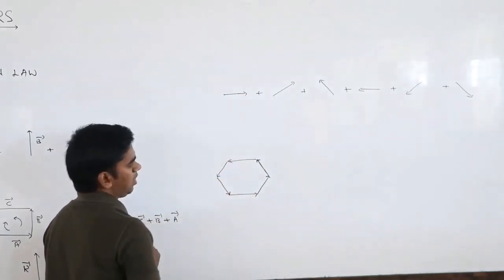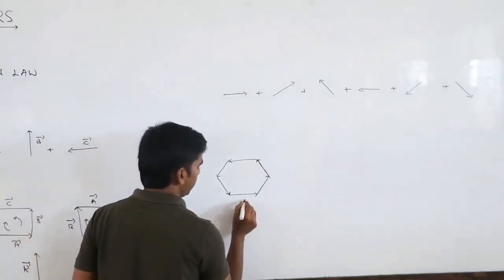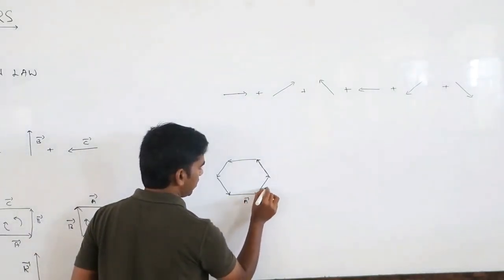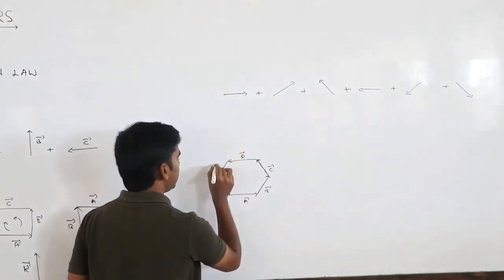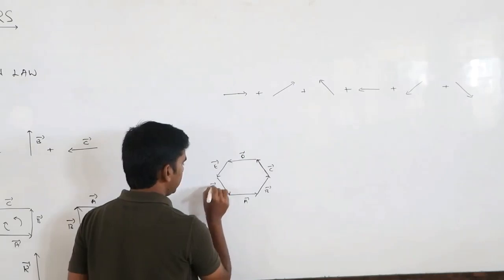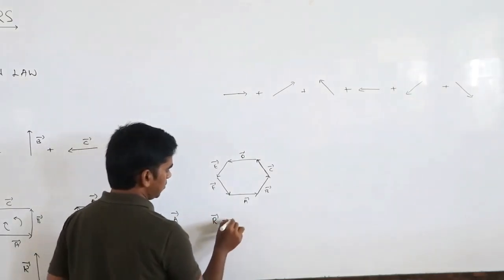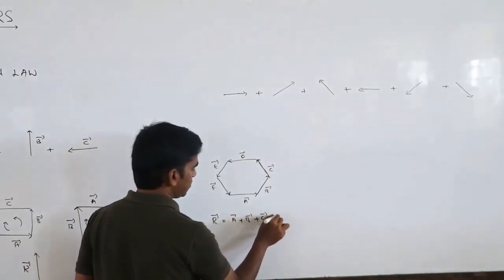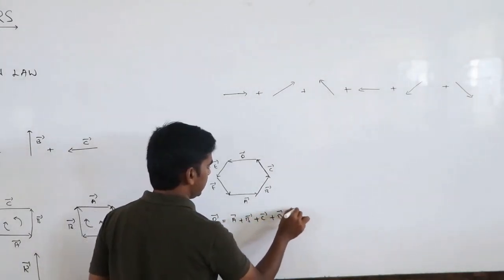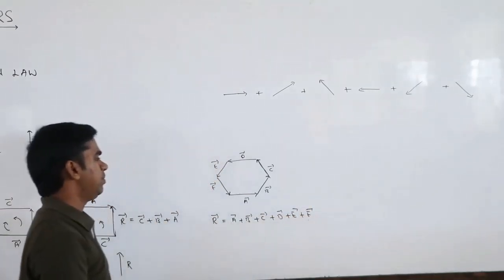Now the question arises, what will be the resultant vector? It has started from here: vector A plus vector B plus vector C plus vector D plus vector E plus vector F. So what will be the resultant?